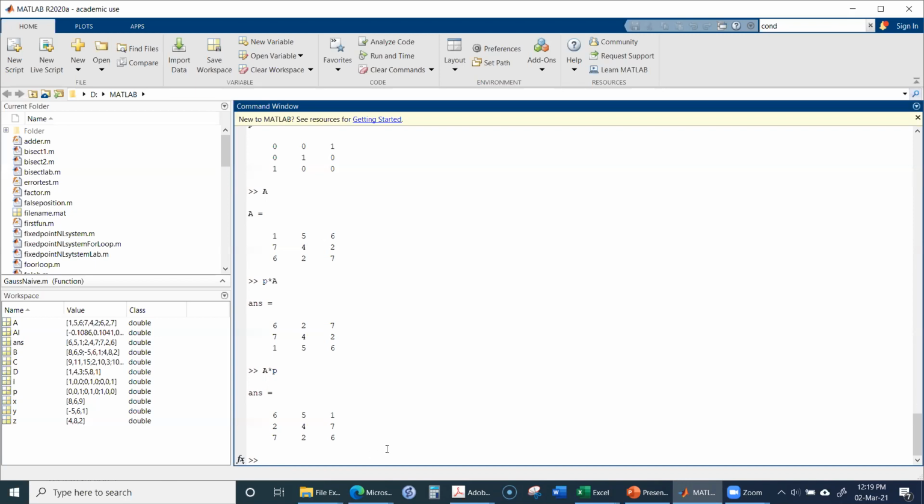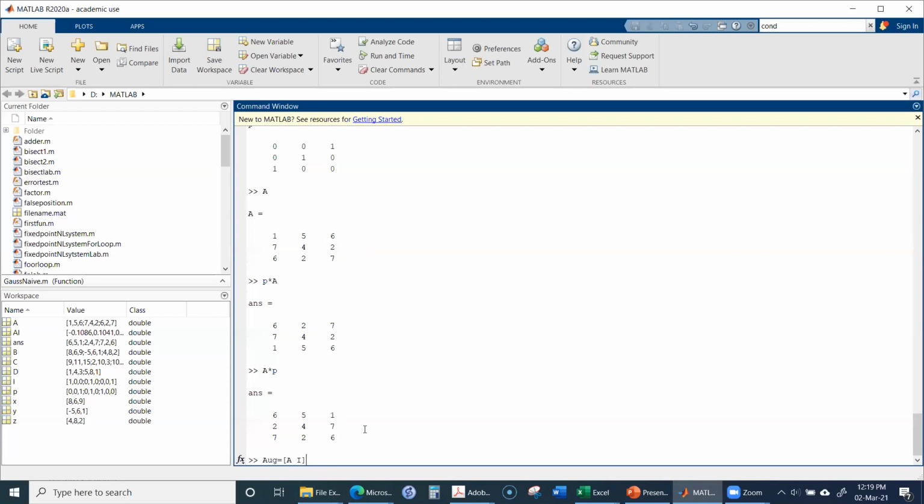Okay, and you can get the augmented matrices. For example, if you want to augment the matrix A with its identity matrix, you can put AUG is equal to A and then I. We know that A is the original matrix A and I is the identity matrix from before.